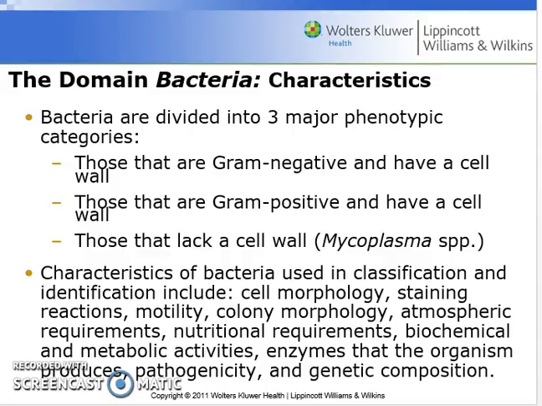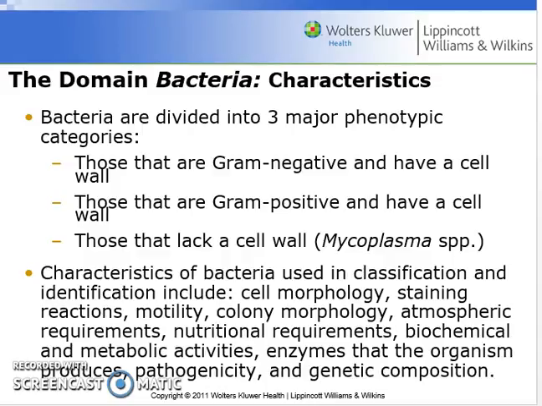With bacteria, in terms of how we classify them and understand them, we have to observe cell morphological attributes. We have to observe how we're able to stain different specimens. We observe whether or not bacteria have the ability to be motile, which means they have a flagella and they swim, or they're able to move in some form or fashion, either through a flagella or through tumbling motility, where the cell just looks like it's tumbling down a hill.